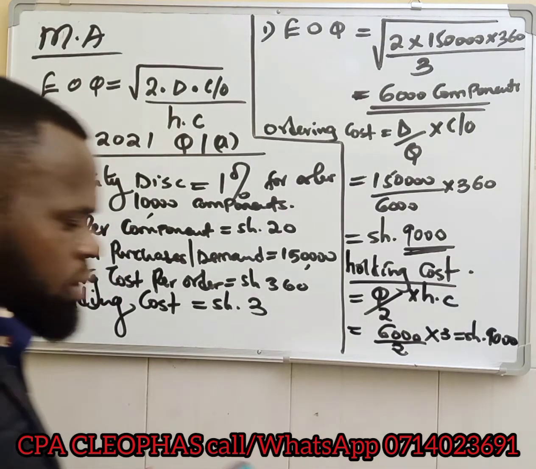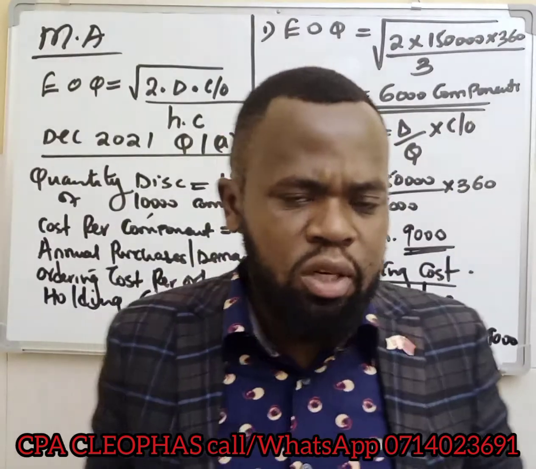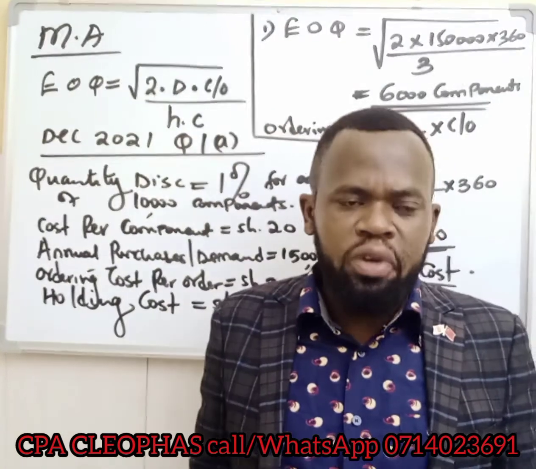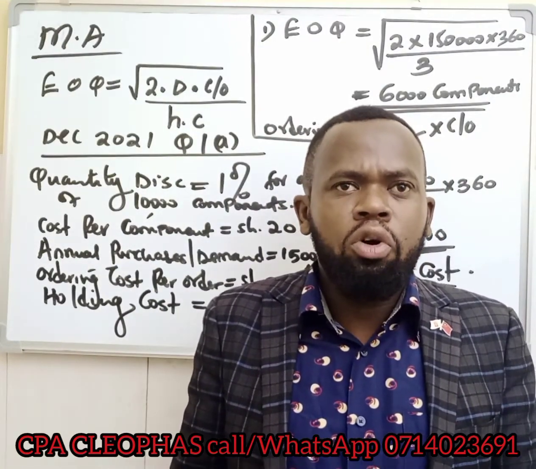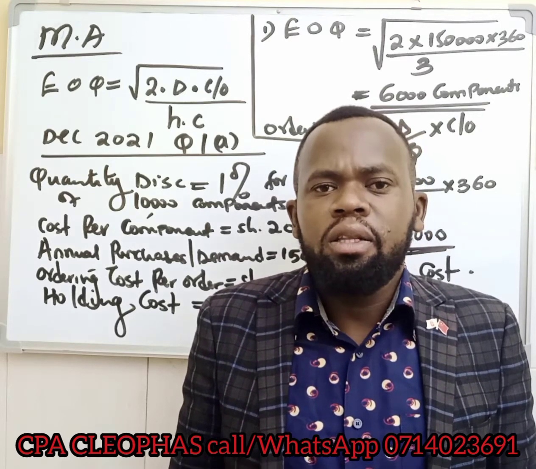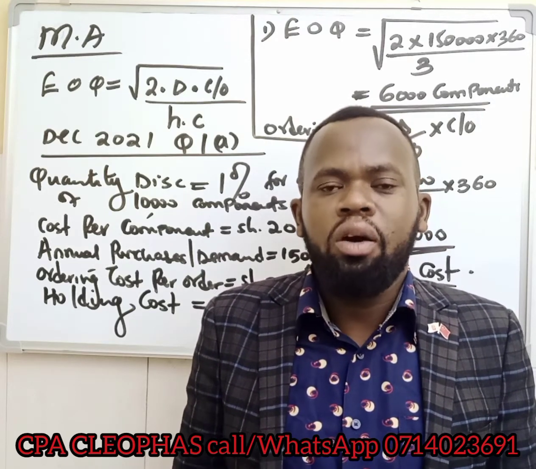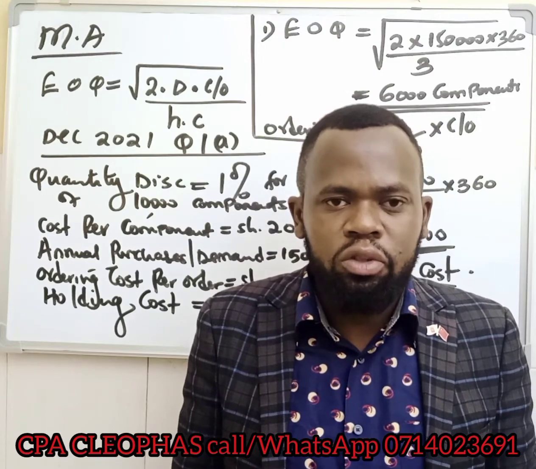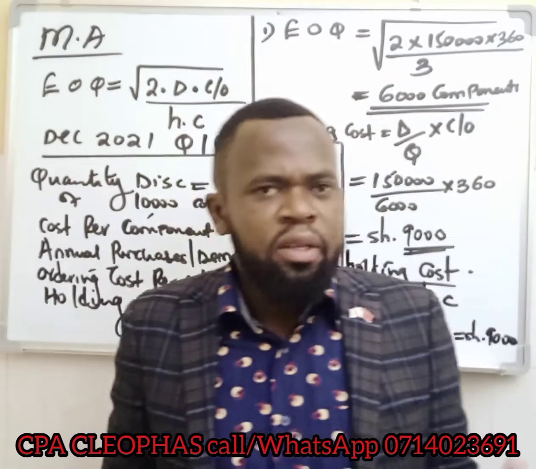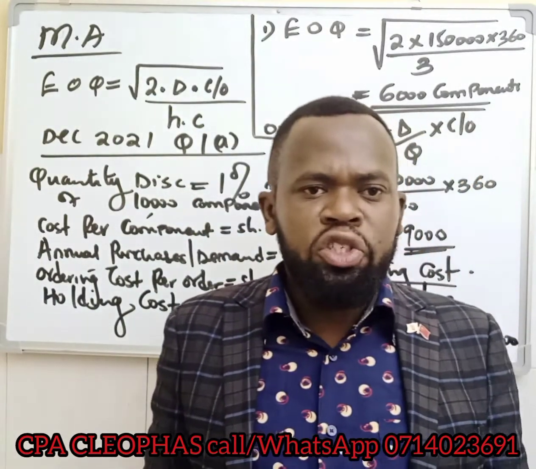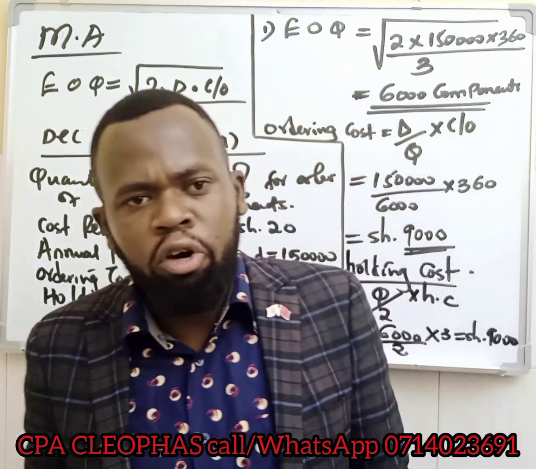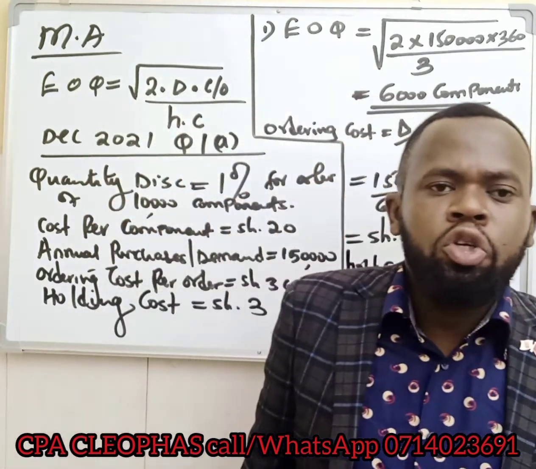Whenever you are to make a decision on whether to accept or reject the quantity discount, what you need to do first is get the total cost without the discount and the total cost with the discount, and then compare them. Because it is cost, you must pick the option with the minimum total cost.